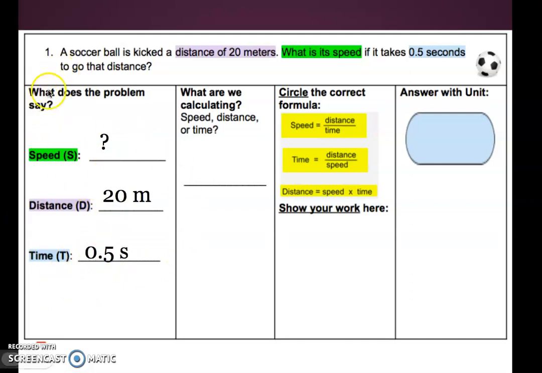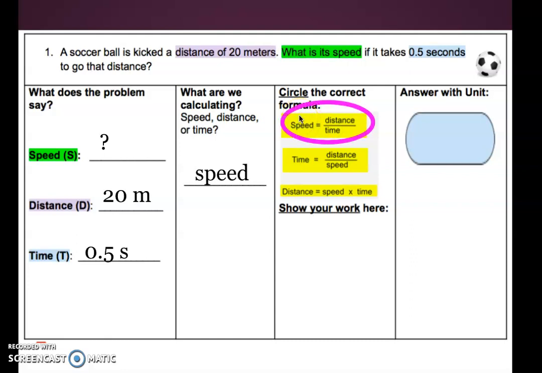So I've written down all of the stuff I know from the problem, what it says. Then, what are we calculating? Speed, distance, or time? Well, speed is our unknown, and it says, what is its speed? So that means speed is what we're calculating. And we want to determine which formula to use. Well, I want this formula that says speed equals.